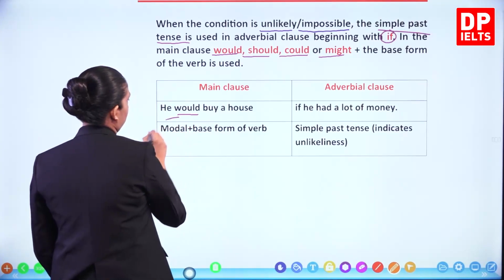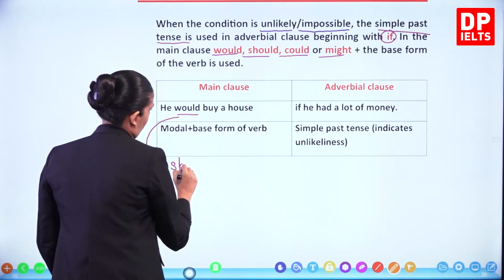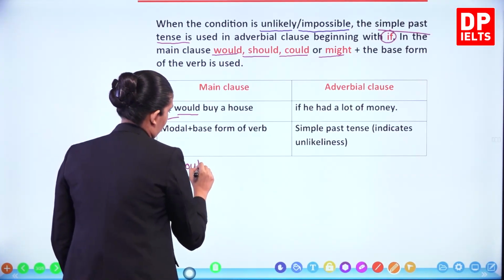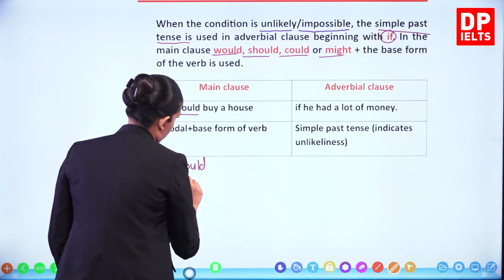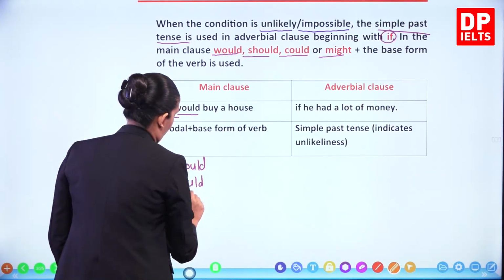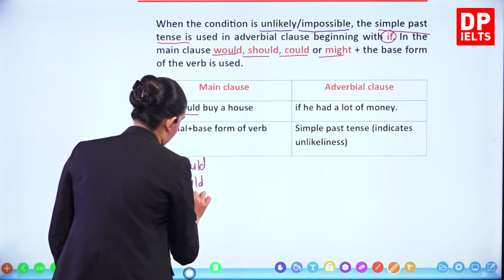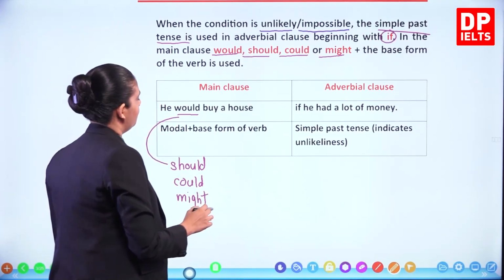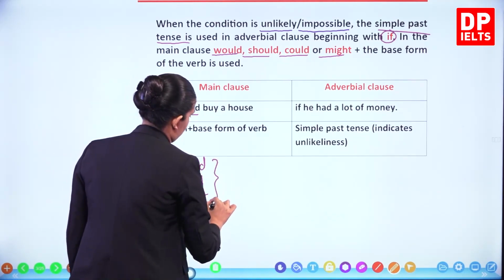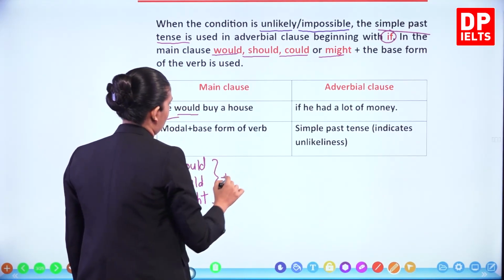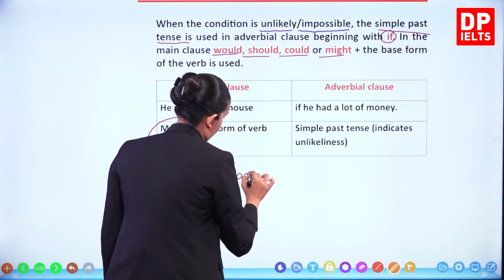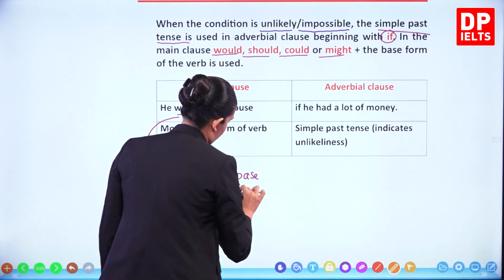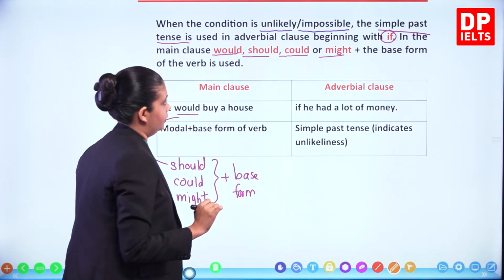should, or you can have here could, or you can have here might, plus the base form of the verb, right?